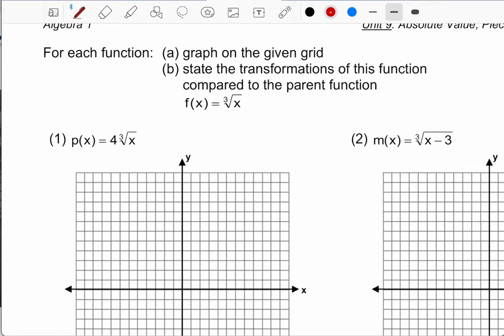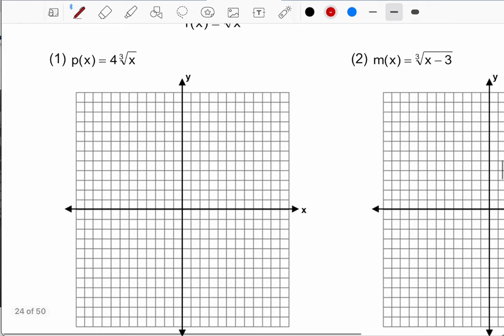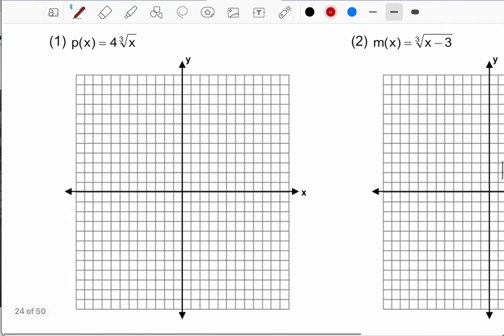So then the next type of function is the cube root function. We plot the parent: 0, 0, 1, 1, 8, 2, and then same deal going the other way. This is coming off of the second table.